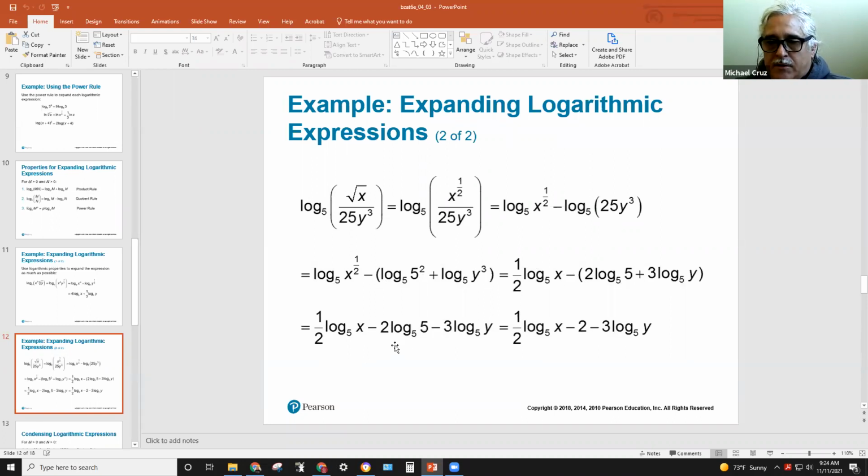All right, so let's see what we have here. This one, there's not much we can do with it. It's already simplified.